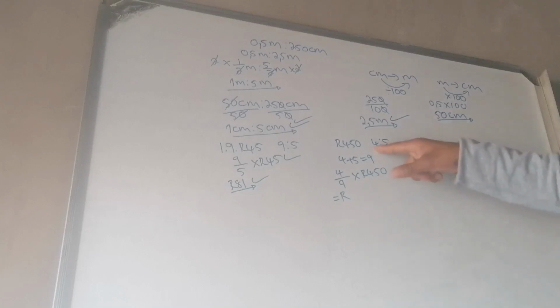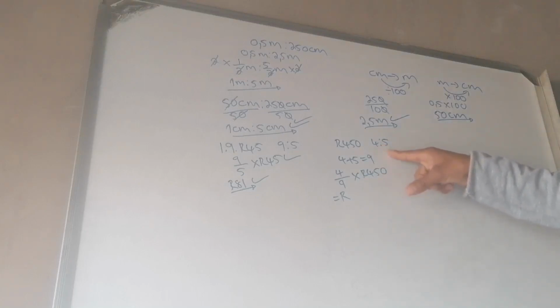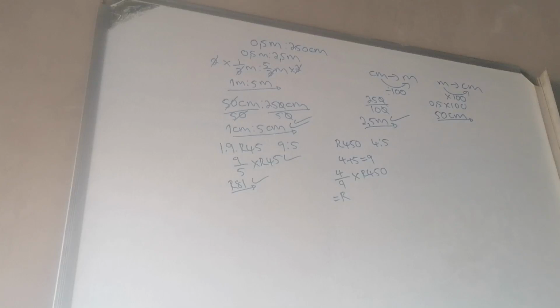Divide 450 in the ratio 4:5. When I go and say divide 450 in the ratio 4:5, I say 4 over 9 multiplied by 450, and you get 200 rand.